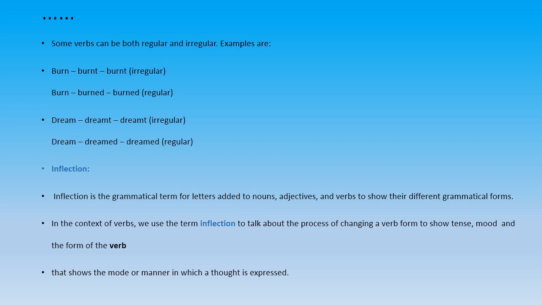Some verbs can be both regular and irregular. For example, burn, burnt, burnt, burned, burned, burned. So you can see that here this is one word, burn, but this verb is used as an irregular verb as well, and also used in a regular way.